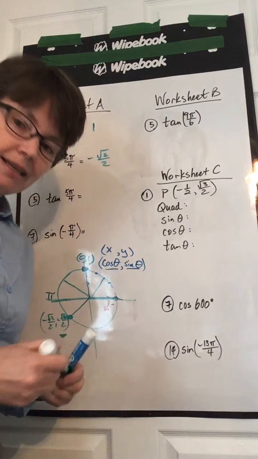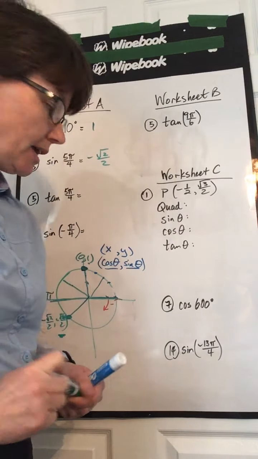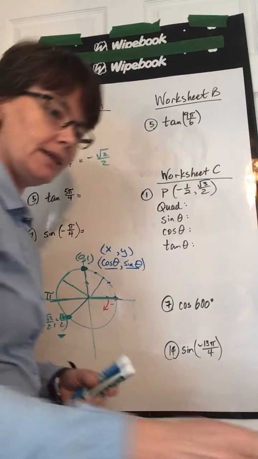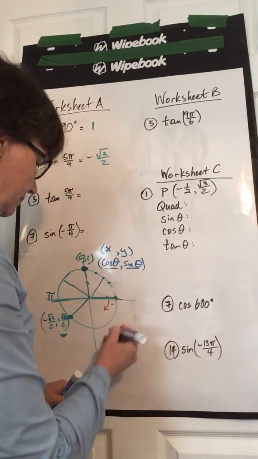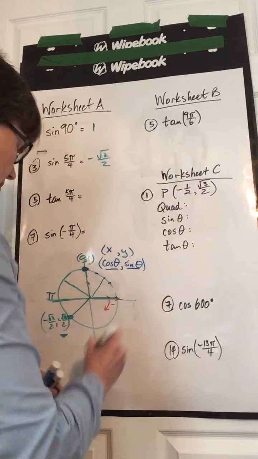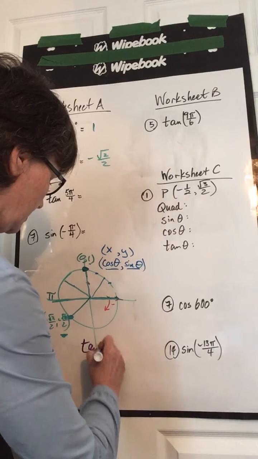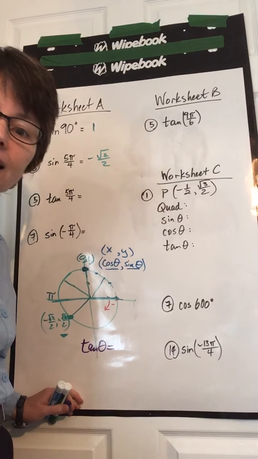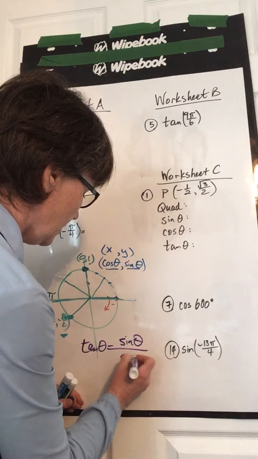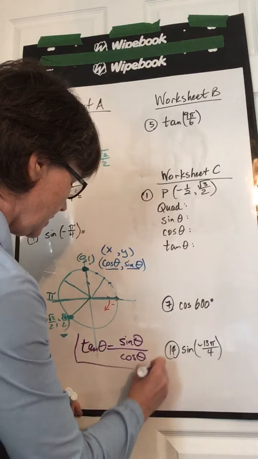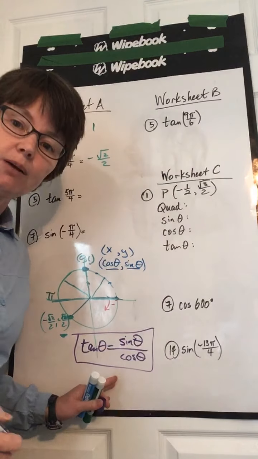All right. Second fact, we haven't talked about this yet, but super important to know, is that the tangent of any angle is actually equal to the sine of that angle divided by the cosine of that angle. This is actually one of our important formulas.